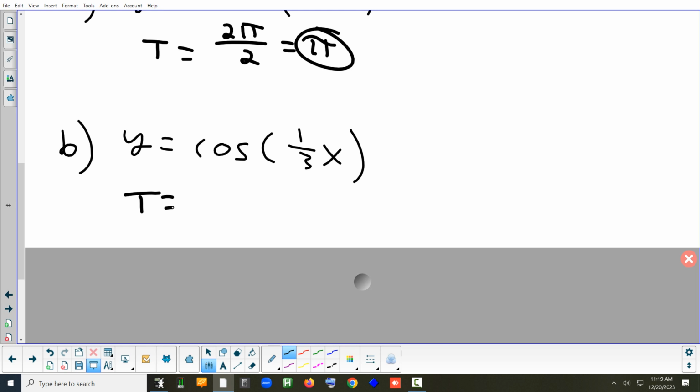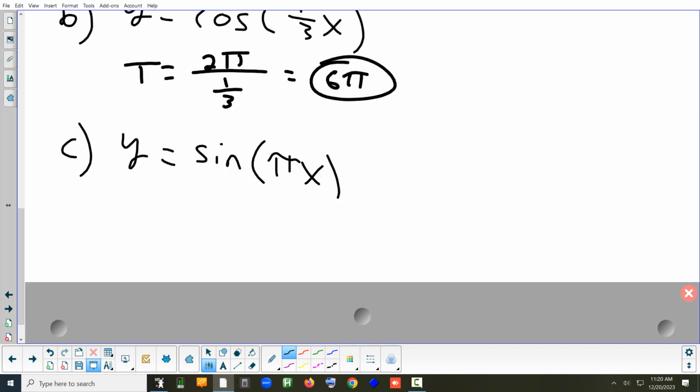What's the b value? 1/3. So the period is 2 pi divided by b. What's the period? It's going to be 2 pi times 3, which would be 6 pi. Perfect. So 1/3 causes the graph to stretch 3 times as much.